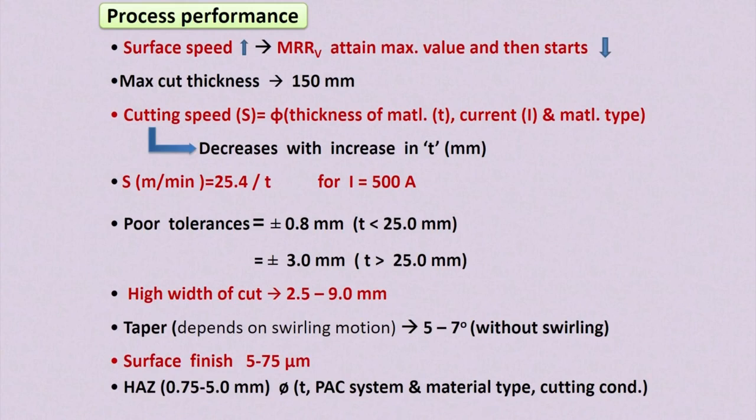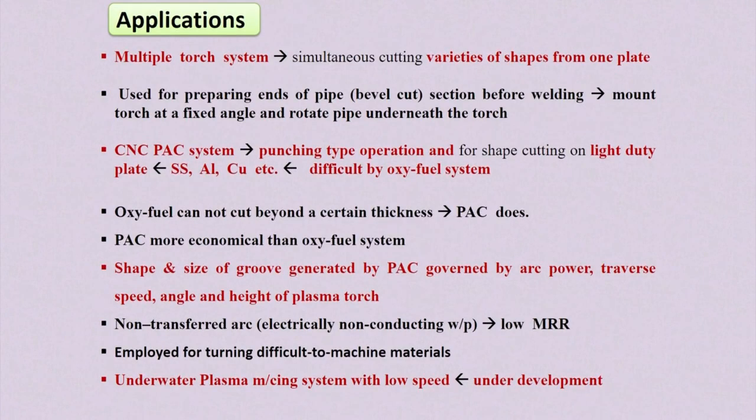This heat affected zone is a function of the thickness of the workpiece material, the plasma arc system, the material type, what kind of material you are cutting, and the cutting condition. Now the applications of this plasma arc machining system.